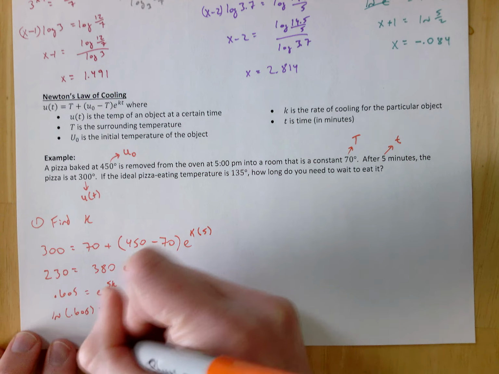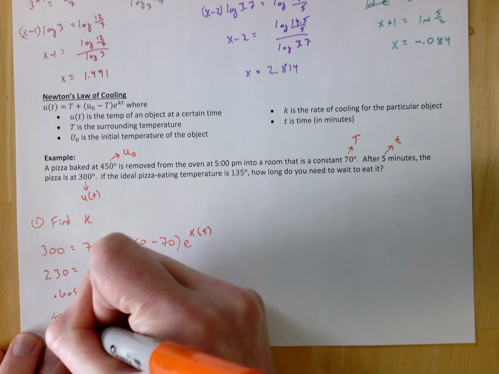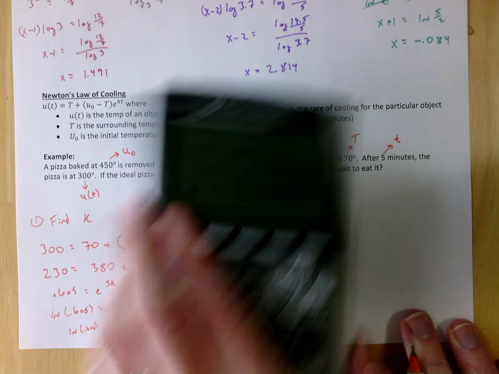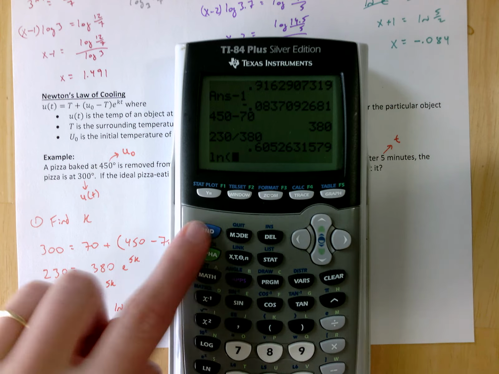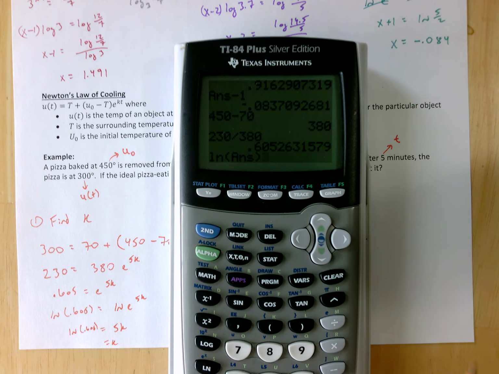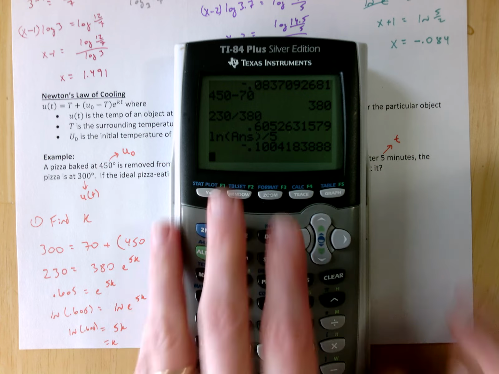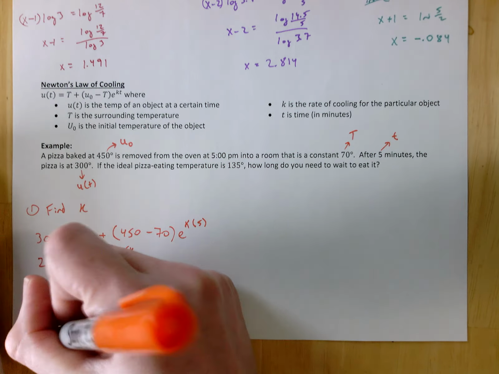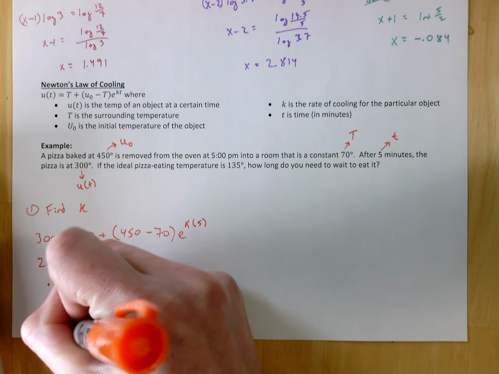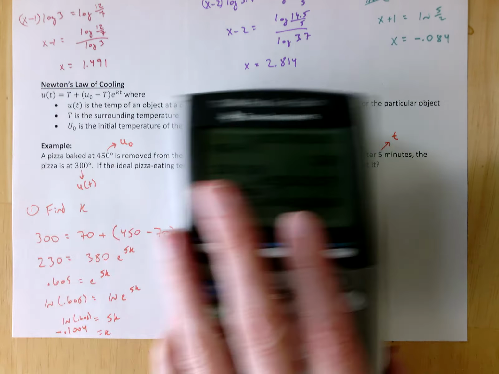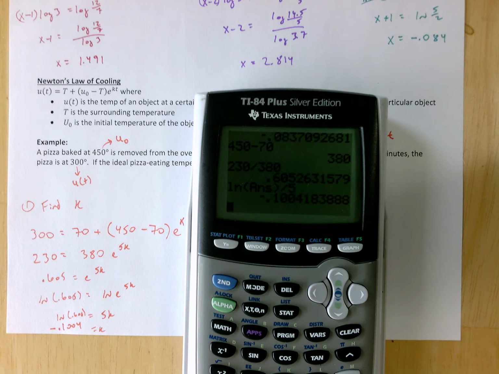And then I can solve this pretty easily. So I'm going to go back to my calculator, taking the ln of that previous answer and dividing it by 5. Okay, and that right there is our k value. So that is negative 0.1004, I'm going to go with. Okay, so there's our k value.